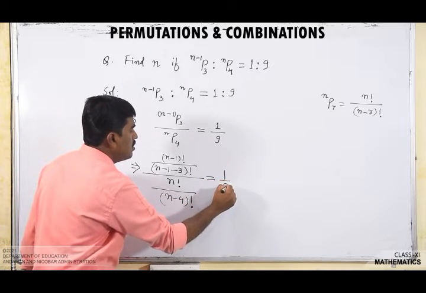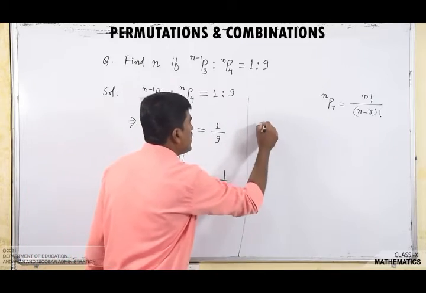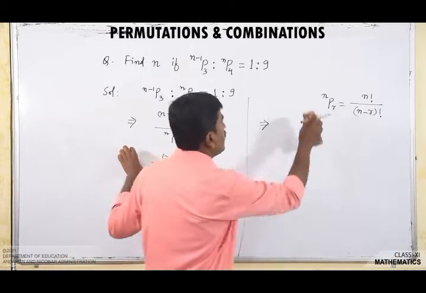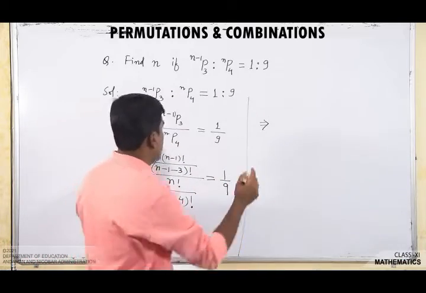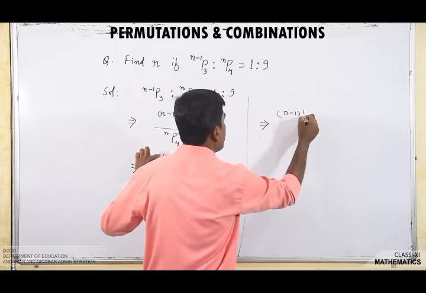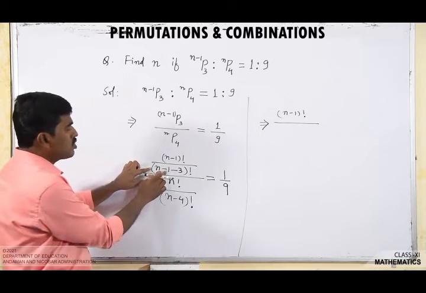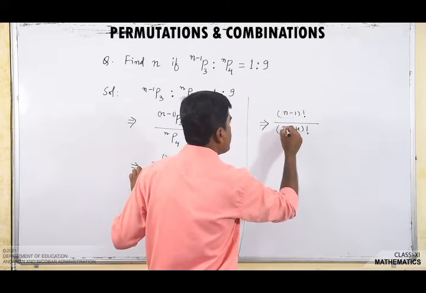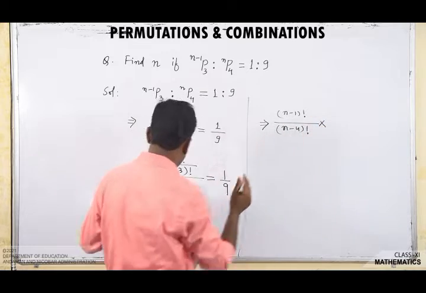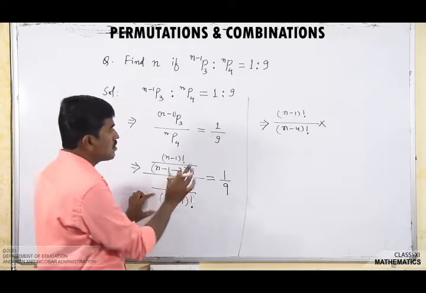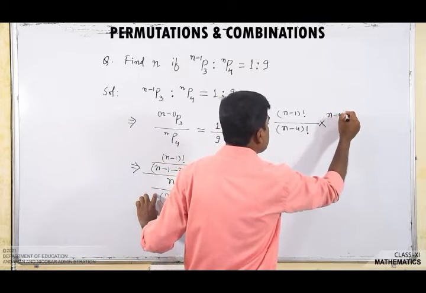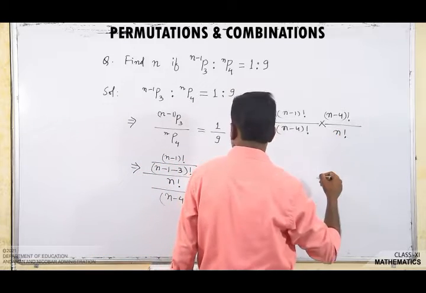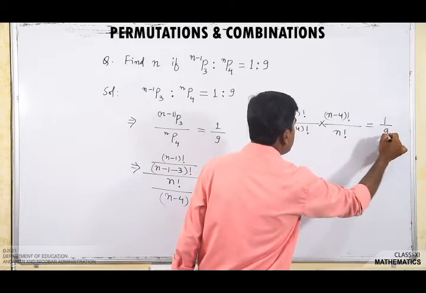and that is equal to 1/9. That implies, you see here it is a divide, so we have to write it as (n minus 1) whole factorial divided by (n minus 4) whole factorial, into, now we write the reciprocal of this, so write it as (n minus 4) whole factorial divided by n factorial, and that is equal to 1/9.